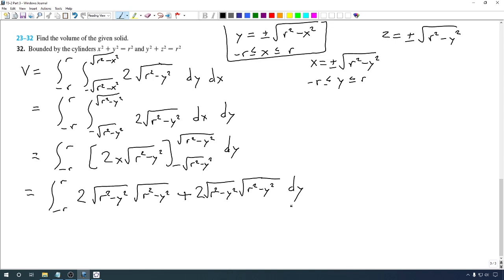And here comes the beauty part of this. We're multiplying it by itself, so we just get r squared minus y squared instead of any square roots. We actually get that for both places. And so, since we have the same thing, we end up adding them together. This whole thing just turns into the integral of 4 times r squared minus y squared.